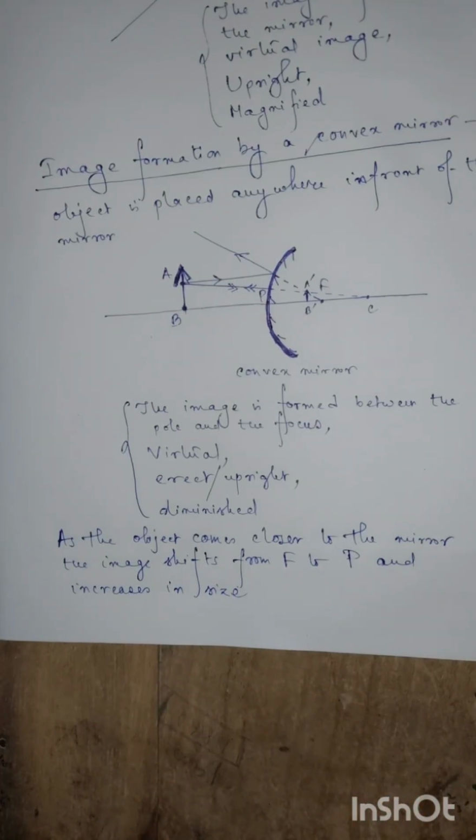So you can remember this point: as the object comes closer to the mirror, the image shifts from focus to the pole and increases in size.